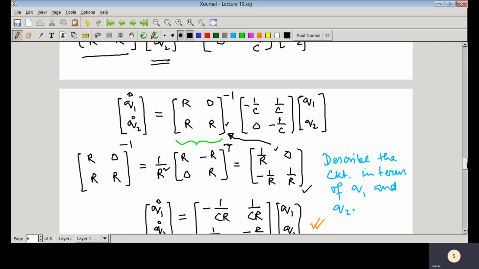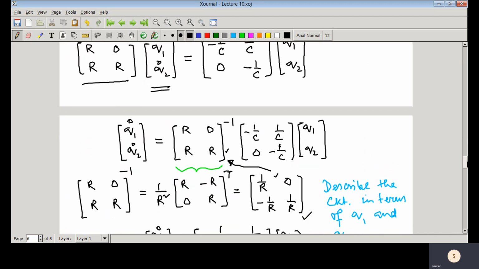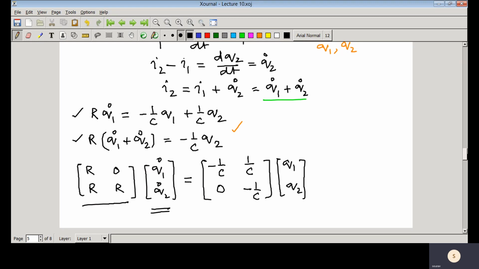Just look at the dynamical equation that we have.